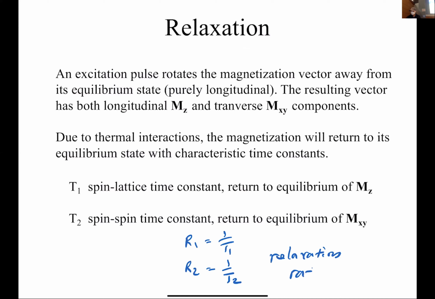So these are relaxation rates. When you're looking at something, it's very important to see whether you are looking at a rate or a time constant, because it can be confusing if you don't realize they're talking about a rate versus a time constant, and those are 1 over each other.